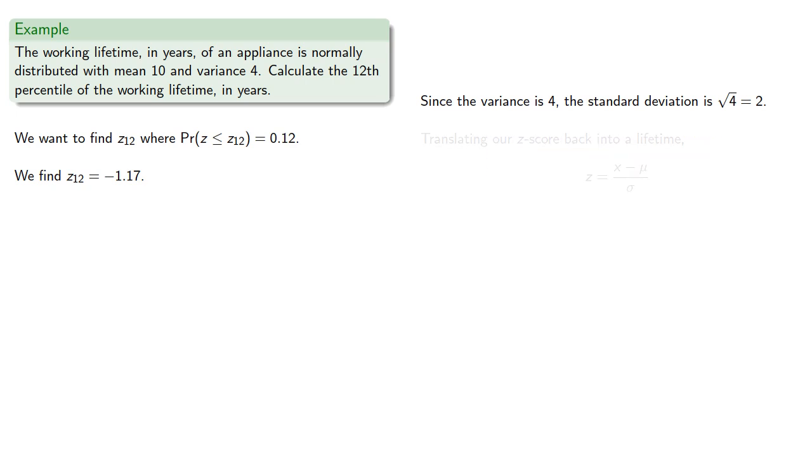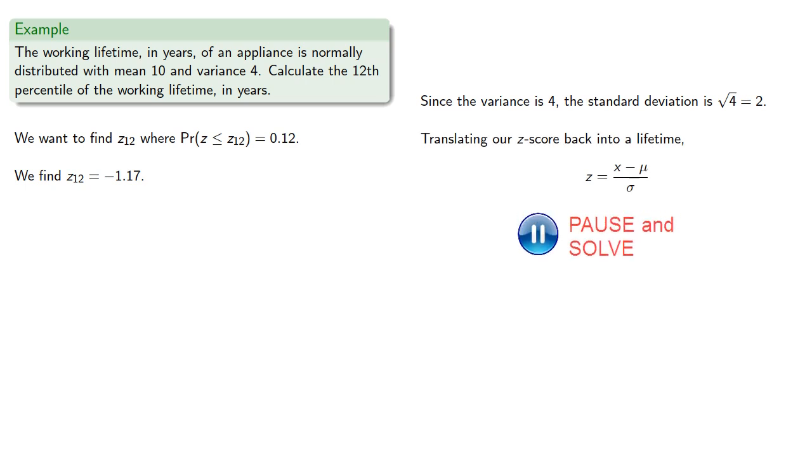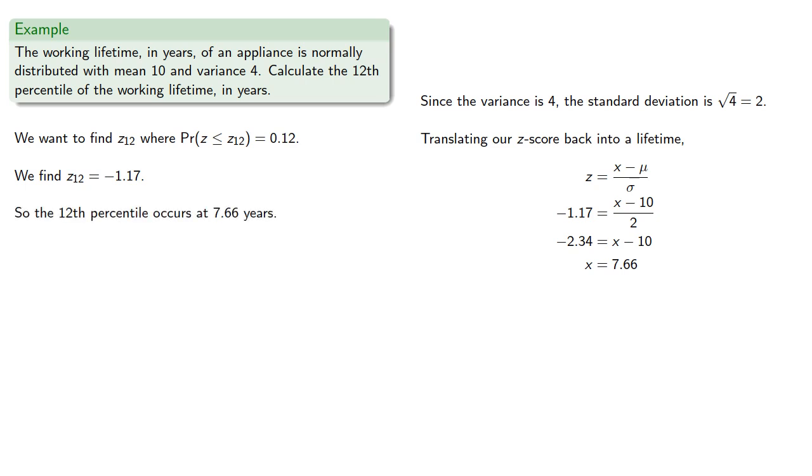And so translating our z-score back into a lifetime, we have X equals 7.66, and so the 12th percentile occurs at 7.66 years.